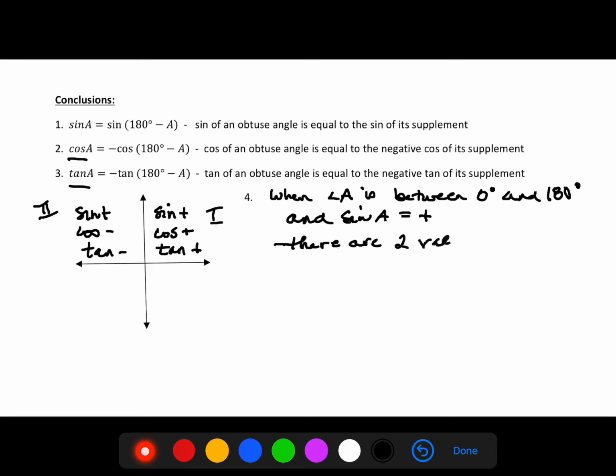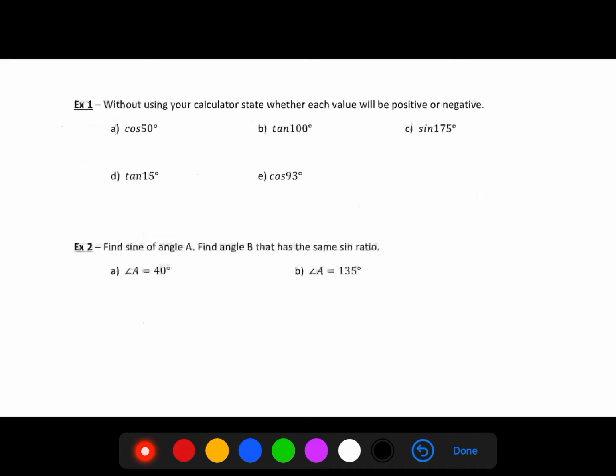So there are two angles or two values for angle A. There is the acute one, what our calculator will always give us, and there is also another one which we have to keep in mind, 180 minus angle A. Okay, so that's kind of the basis of this lesson, is that if we have a triangle, sometimes there are two possibilities for sine, the acute and the obtuse.